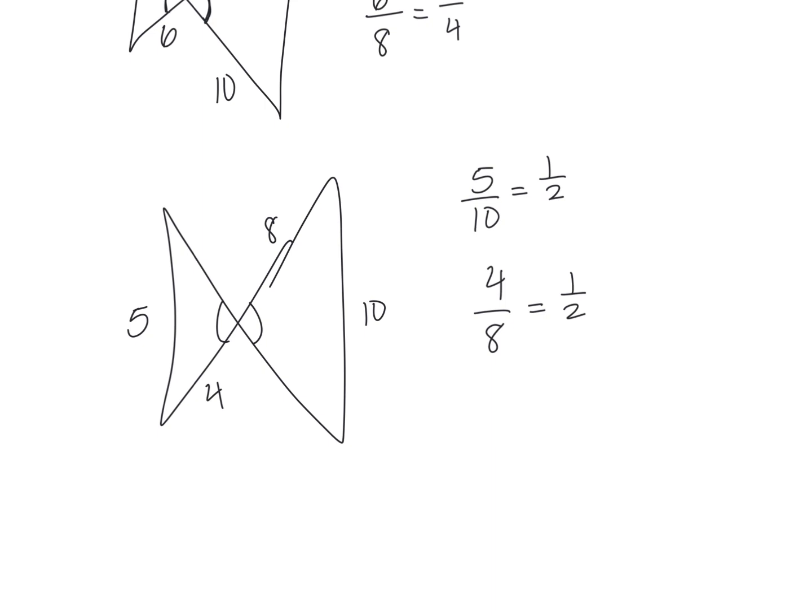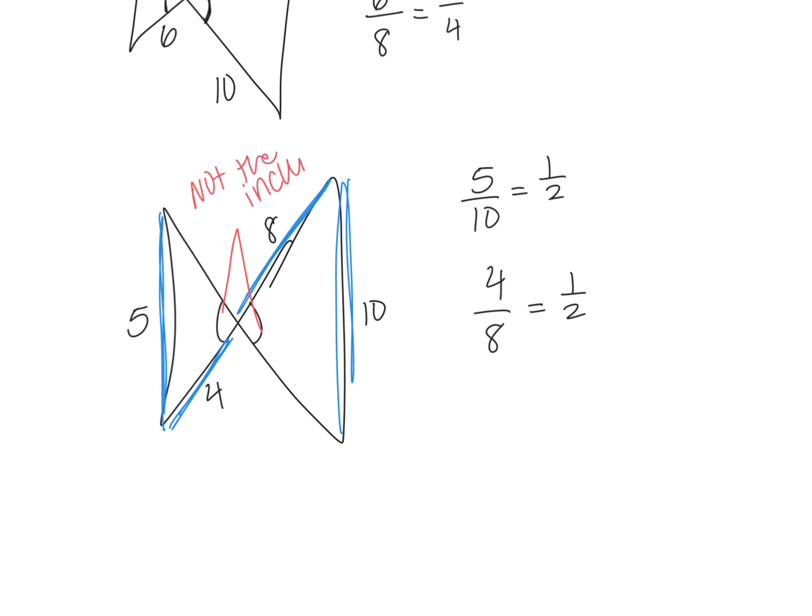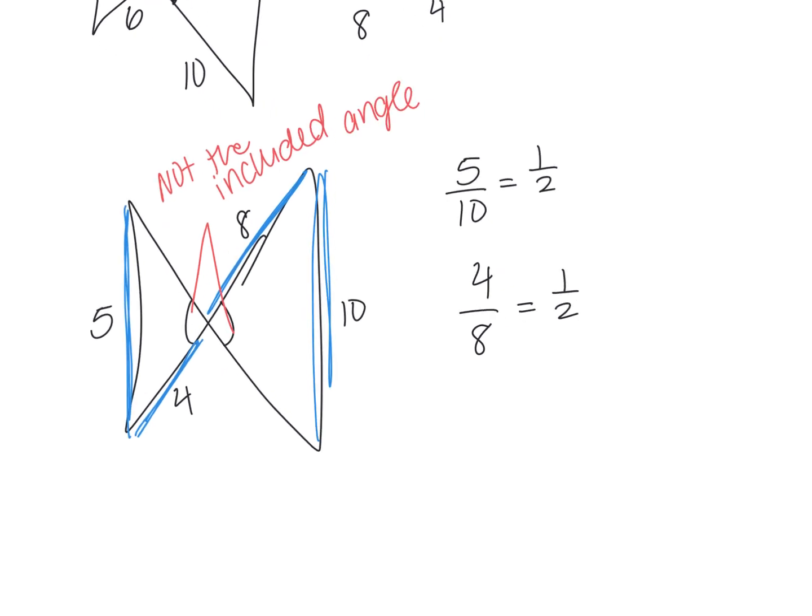However, is my included angle congruent? No, good. Looking at it, these two angles right here are not the included angle. Remember, it has to be the included angle. For it to be the included angle, it would have to be right here and right here. So you need this angle.